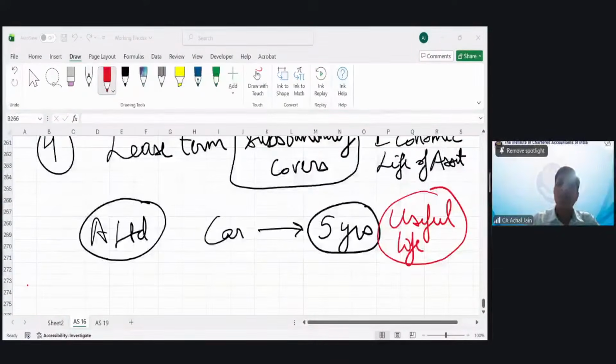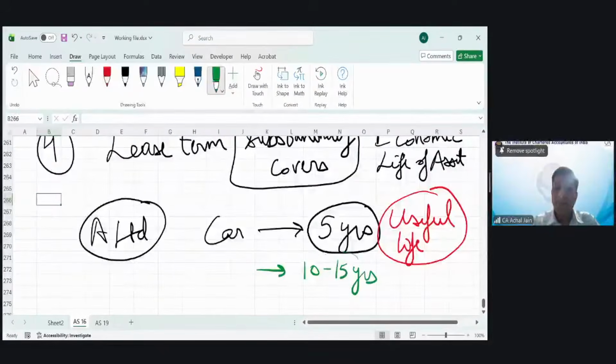Akhila says no. So we can say that a car is usable for 10 to 15 years. But A plans to use this only for 5 years. Does it mean the car is usable only for 5? No. The car is usable. You can use it for 15 years, 10 years.